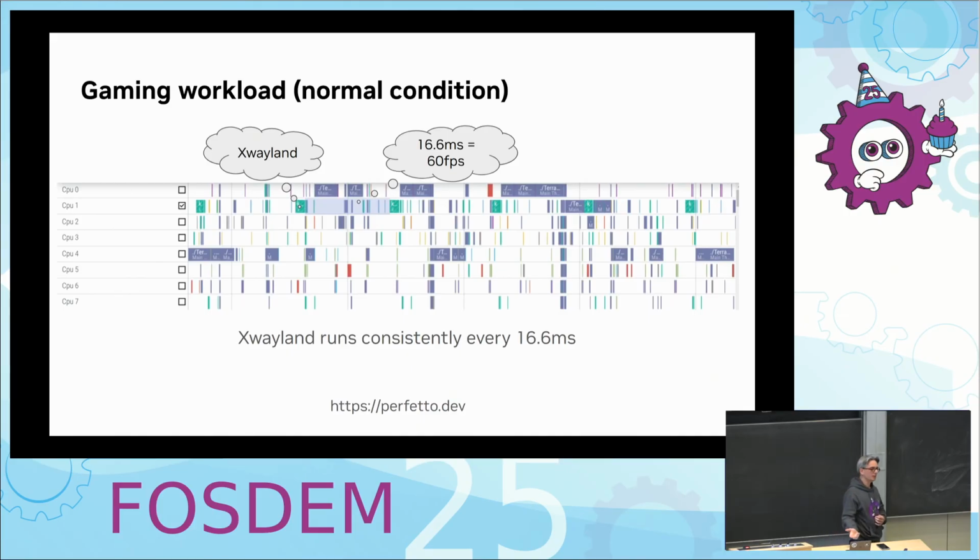So we can see, for example, here, this is a video game, and this is the Perfetto tool. Big shout out to Google for making this tool. It's really helpful to visualize what is happening with scheduling. And as you can see here, there's this greenish, bluish little bar, the little squares here.